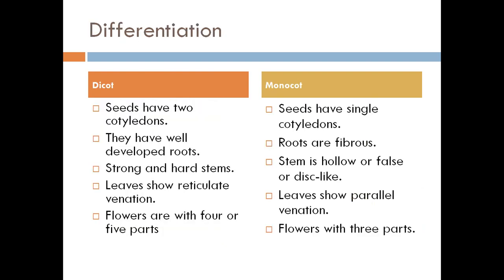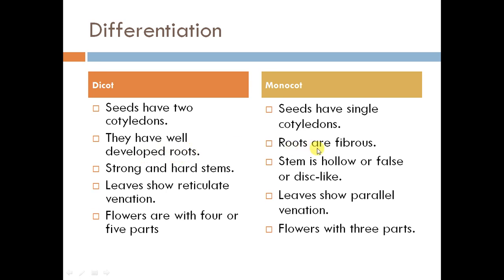Now differentiations. What is the difference between a dicot and monocot? In case of dicot, seeds have two cotyledons, that means they can be divided into two halves. In case of monocot, seeds have single cotyledons, they cannot be divided into two halves. Then dicot, they have well developed root system, their roots are well developed.